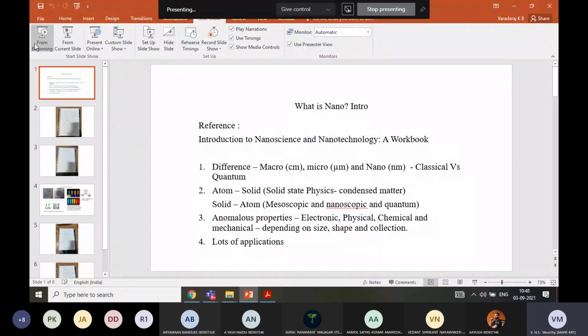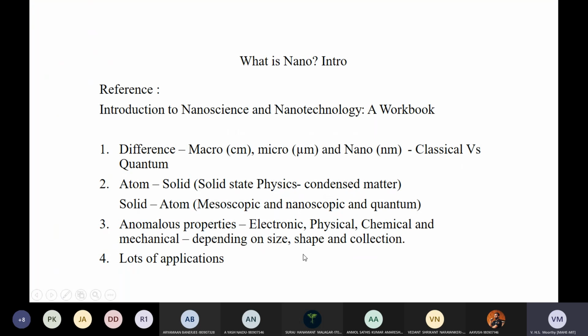So even though the understanding of the atom came, we were still comfortable understanding what is in a solid. Solid means a huge number of atoms. Then we have band theory of solids, and I think you are aware of it.